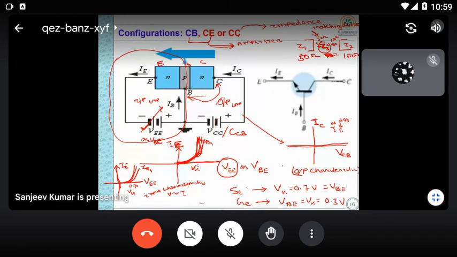Because you can see this is your input loop, whatever mark I have given here. So this is your p-n junction diode, and this voltage is given in forward bias.